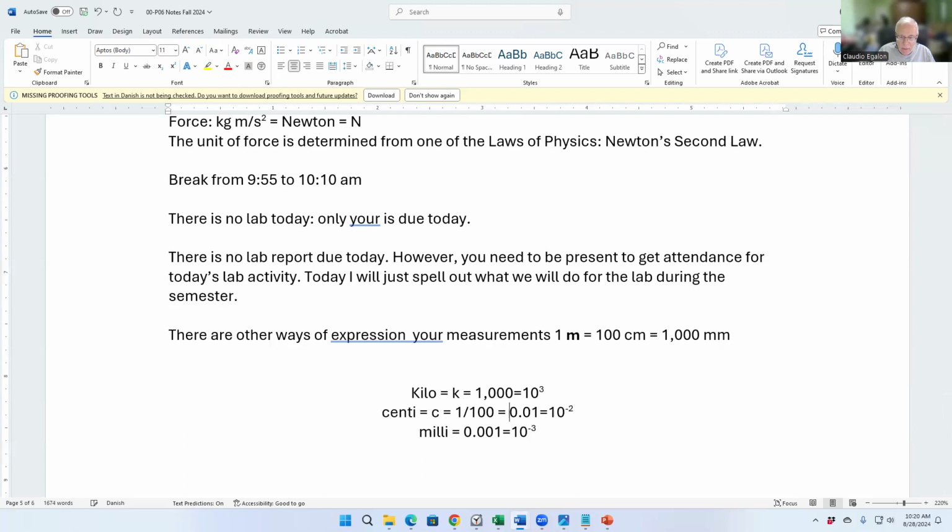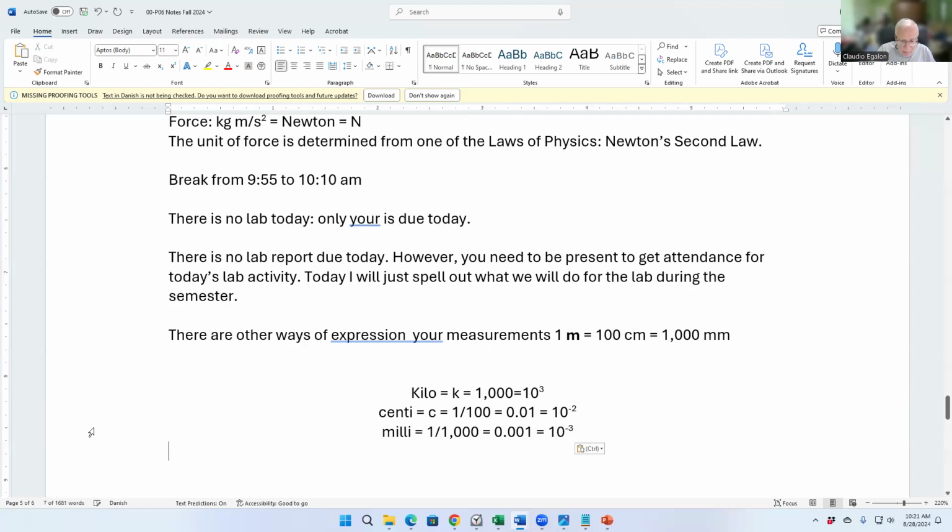That's what centi means. 1 divided by 100 is 0.01, which is 10 to the minus 2. Milli is 1 divided by 1,000, which is 0.001 or 10 to the minus 3. And then there are more, but those are the three that we are going to use the most.